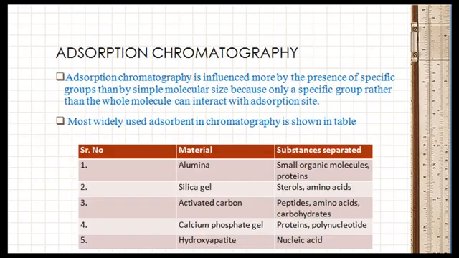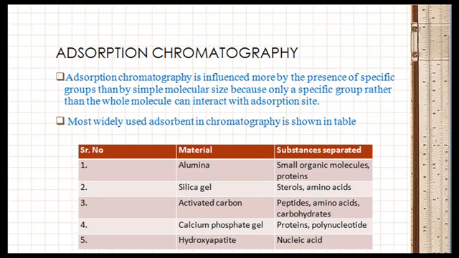Adsorption chromatography is influenced more by the presence of specific groups than by simple molecular size, because only specific groups rather than the whole molecule can interact with the adsorption site. The most widely used adsorbents in adsorption chromatography are shown in Table 1.